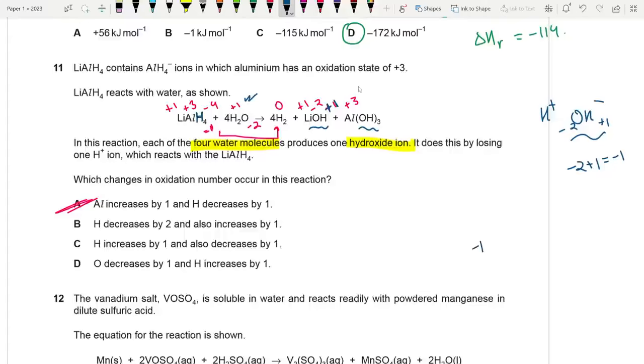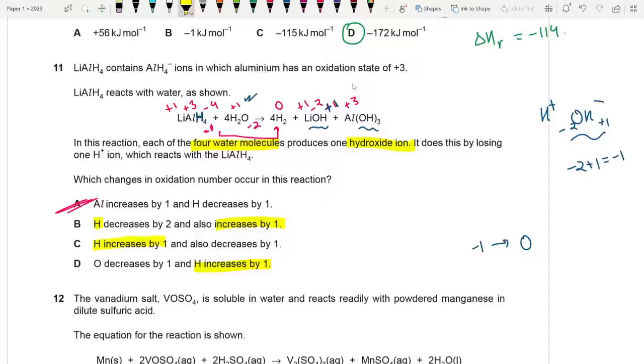So it went from -1 to 0, so it increased by 1. So H increases by 1 is what I'm looking for. Okay, now it's between B, C, and D.